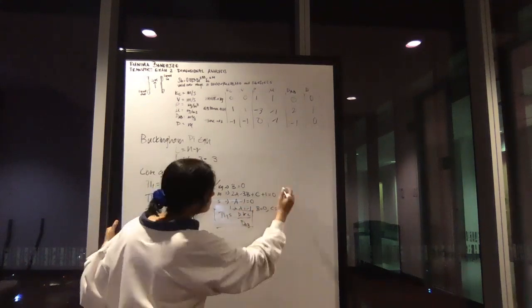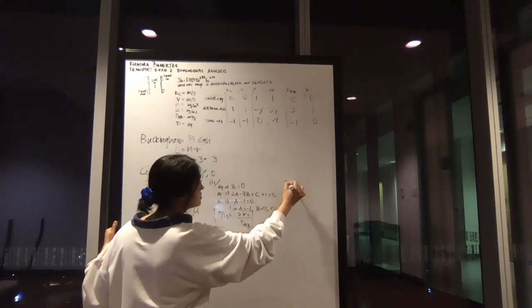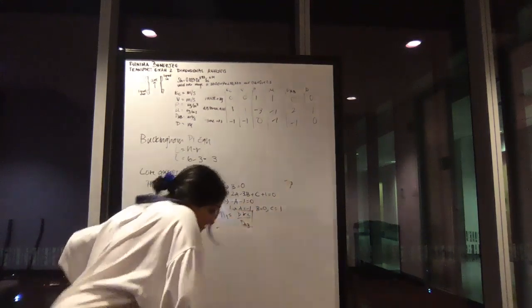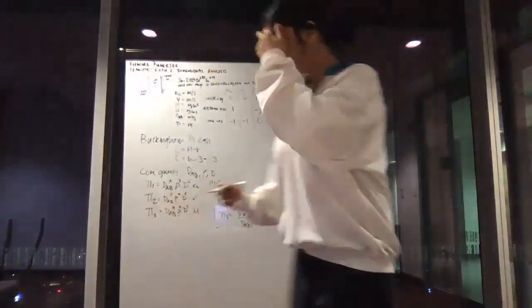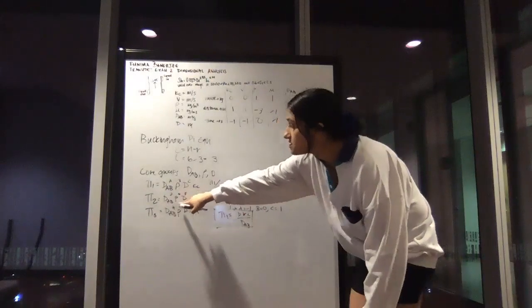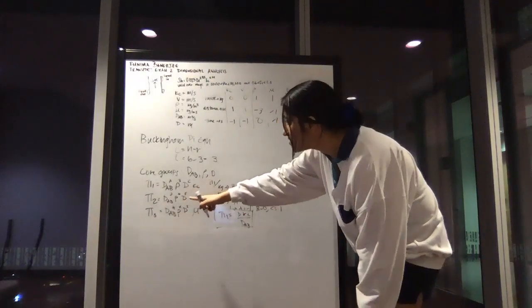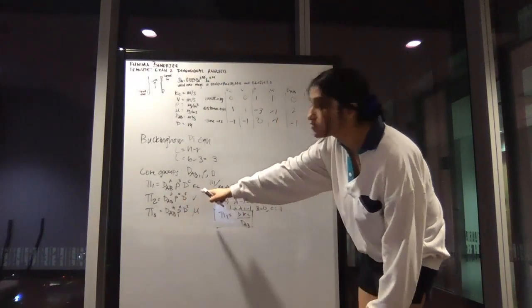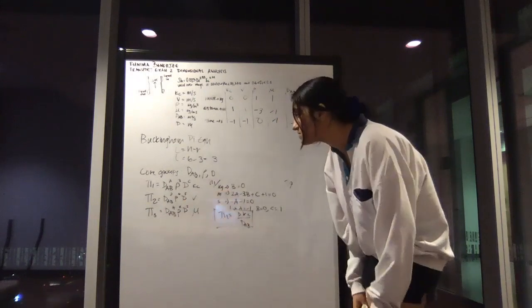And then, an interesting thing about pi 2, we're going to look at the non-core group, right? Because it has the same format of the core groups, but the non-core group is what creates the discrepancy between the three of them.